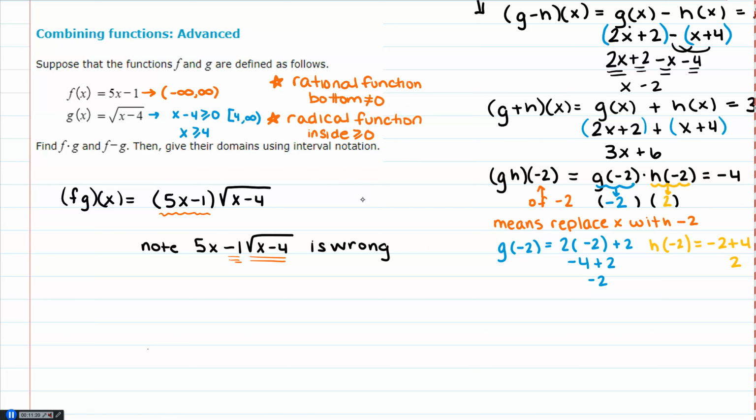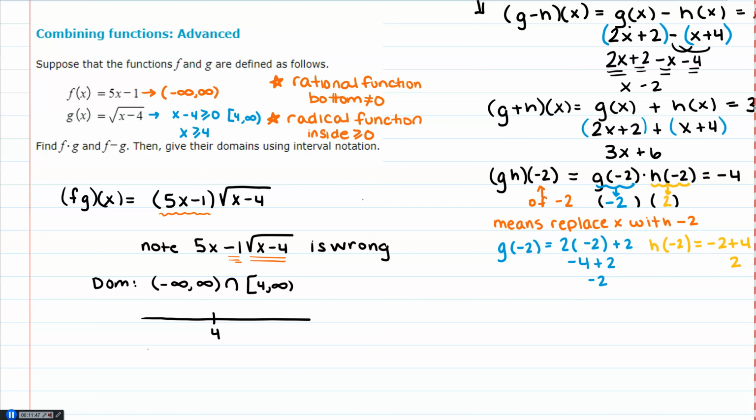Now, okay, there's no fractions in this. So the domain for this guy is going to be all real numbers intersect 4 to infinity. So we're taking the domains of both of them and finding what's in common. So now again, it may be clear to you what is in common.